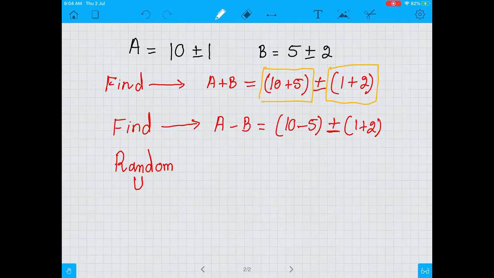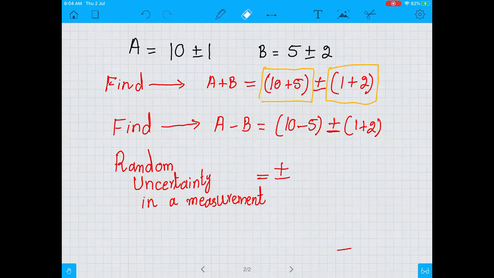But right now, if you want to calculate random uncertainty in a measurement, then the method would be you calculate plus minus half of the range of values.